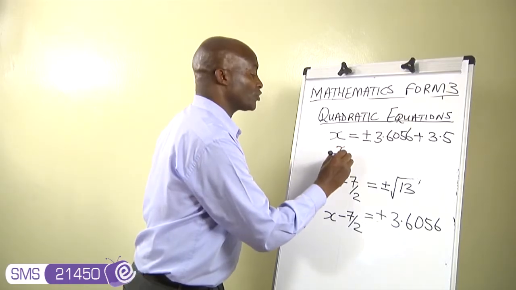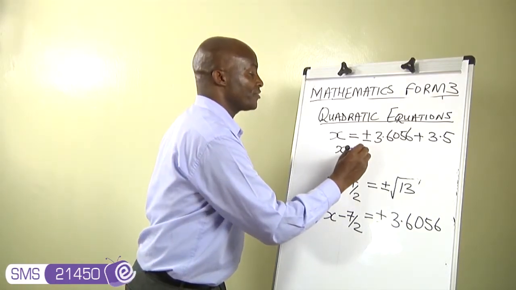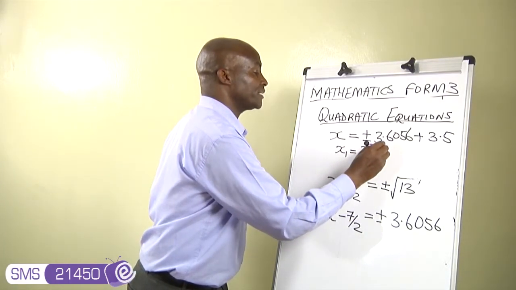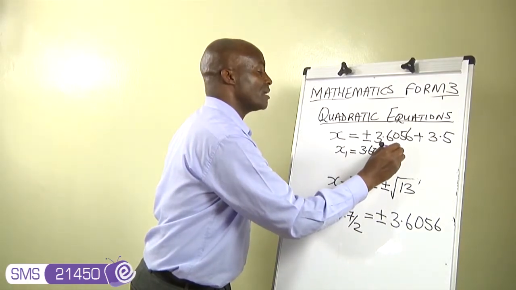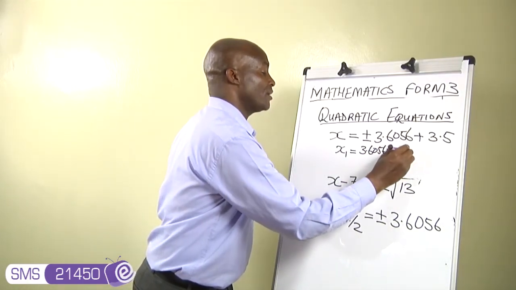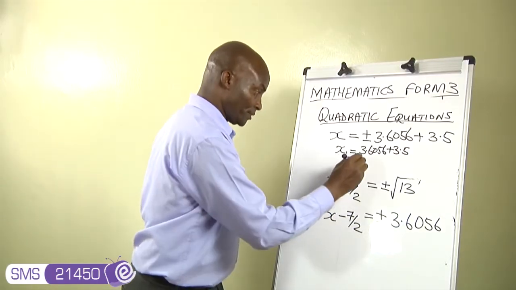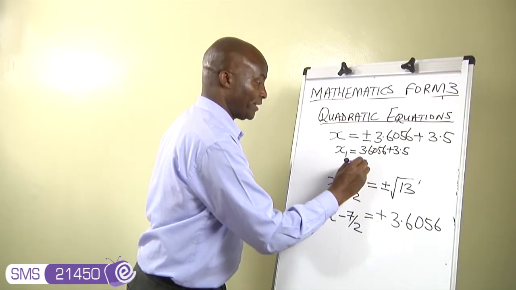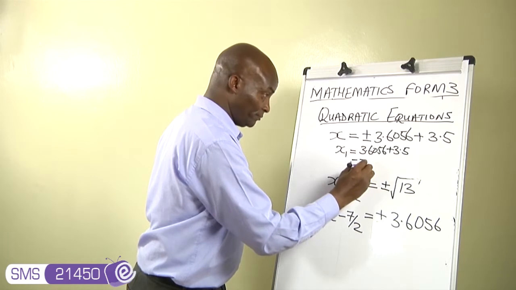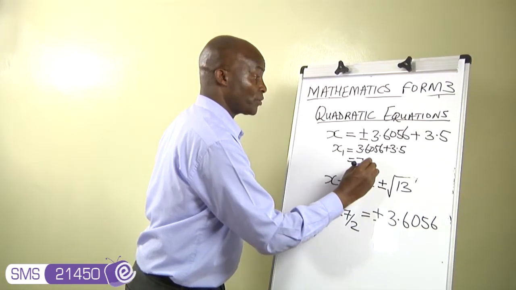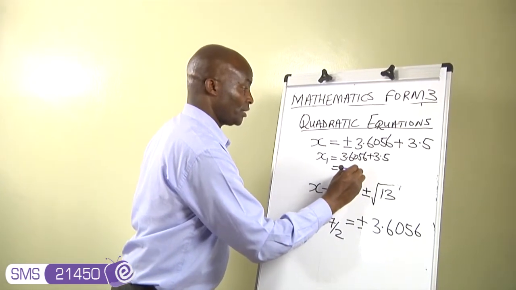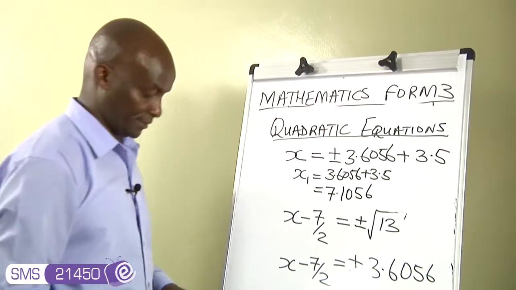So one of the solutions will be 3.6056 plus 3.5, which will give you 7.1056.